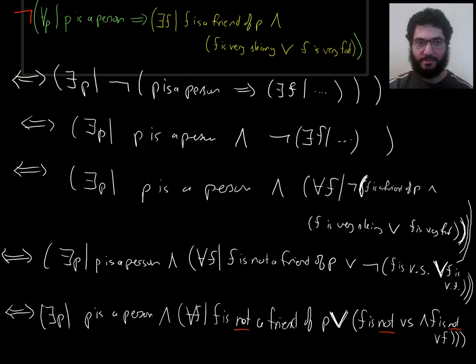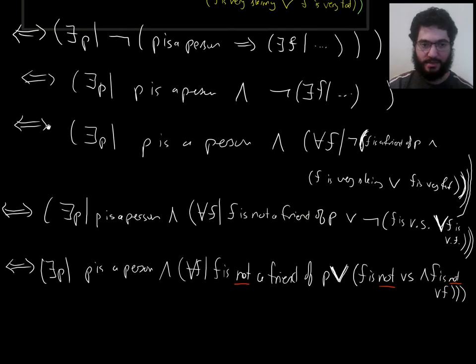So remember from the previous lecture, from Friday, we saw that for all works really well with implication in terms of just having the effect of quantifying over fewer things. Just like there exists works really well with and for quantifying over fewer things. So if we can pair up for all with implication, and even better, if we can cut down on the overall number of negations showing up while doing so, then that is good.